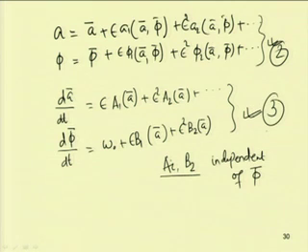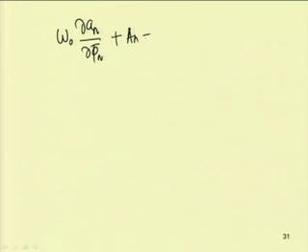So, by substituting equations 3 and 2 in 1 and collecting the coefficients of like powers of epsilon, one can obtain this equation in this form. It will be omega 0 del A n by del phi n bar plus A n equal to f n of A bar, phi bar.